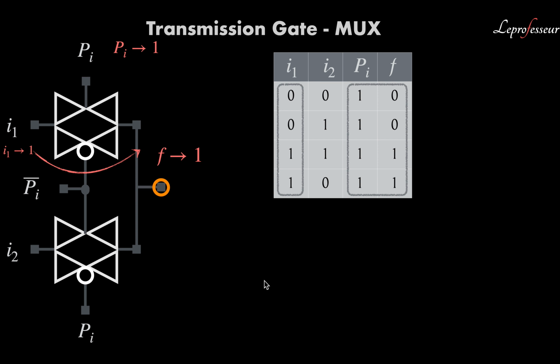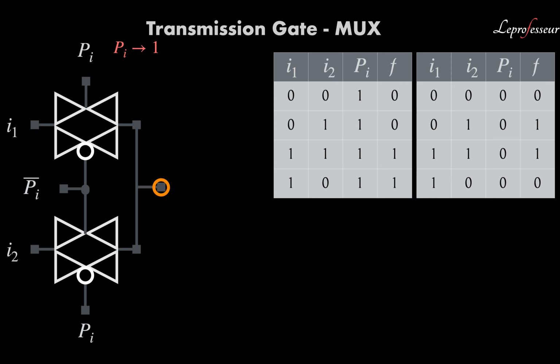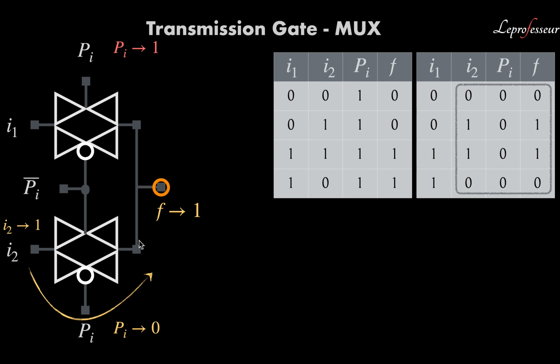Now let's look at what happens when the PI control is 0. When the control is 0, we see that F follows what is on I2. Great. If I2 is 1, I2 gets transmitted to the output.